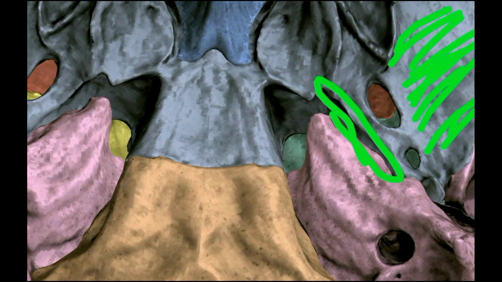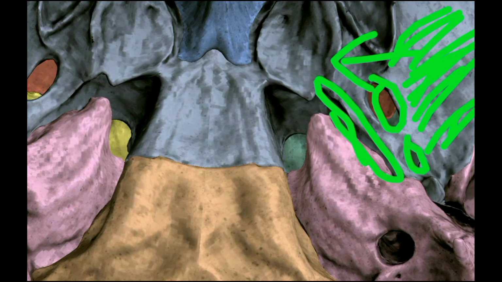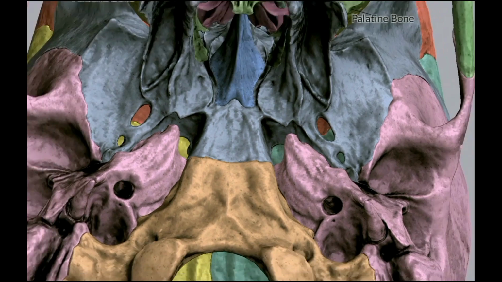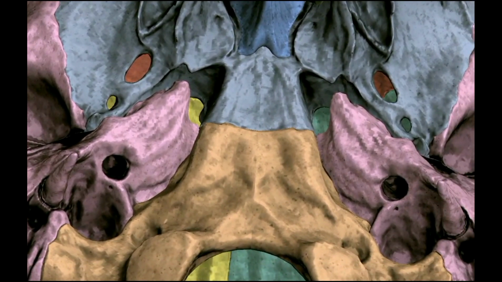This infratemporal surface gives origin to the upper head of the lateral pterygoid muscle, not the lower head. And you will see foramen ovale and foramen spinosum. So this is about the paramedian portions of the sphenoid bone.